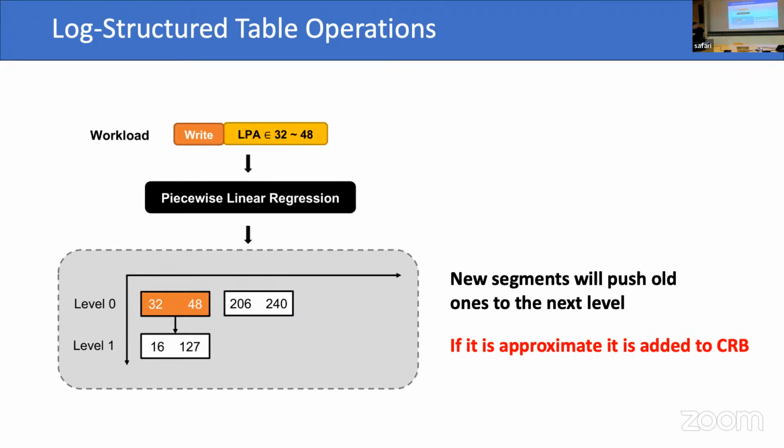Then, if we do another write and it overlaps with a segment in the level we're trying to append to, the old segment is pushed to the next level. Again, if it is approximate, we need to add it to the conflict resolution buffer. Also, when inserting new segments, LeaFTL will compact a bit, not a lot, but try to reduce the number of segments in our table.